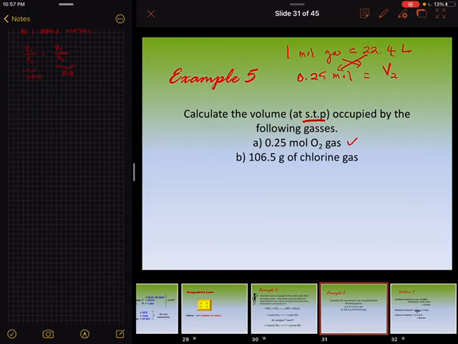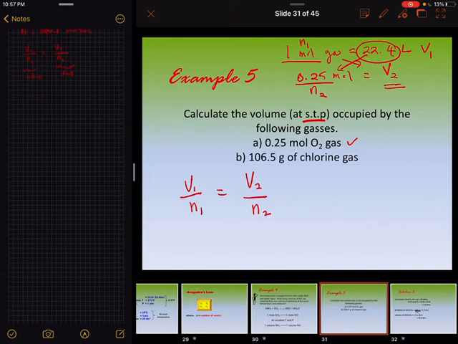Formula apa tadi? It is V1 over N1 equals to V2 over N2. Okay, di mana 1 mole ini adalah N1, 22.4 is V1. Okay, 0.25 is N2. Okay, dan awak nak kena cari nilai untuk V2.